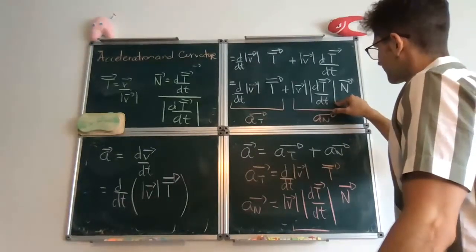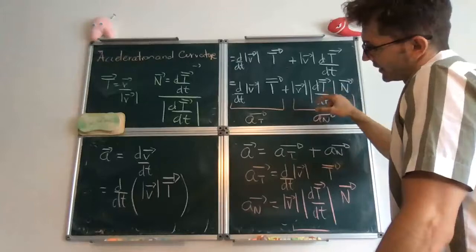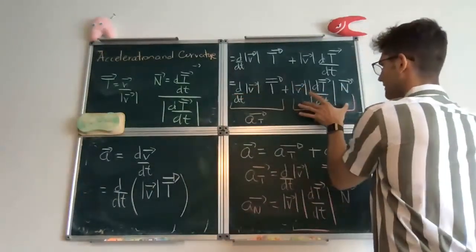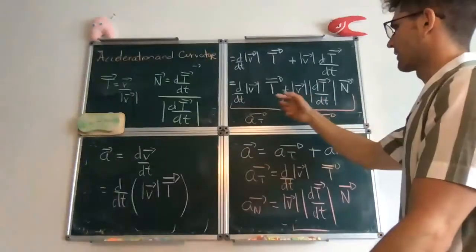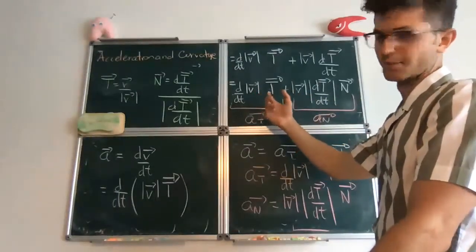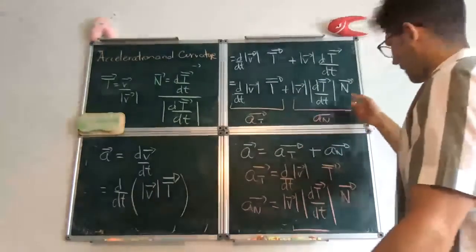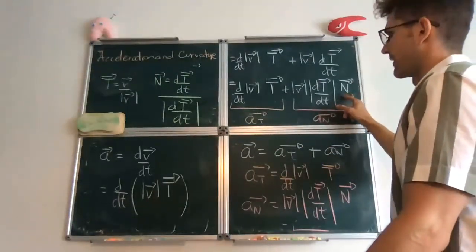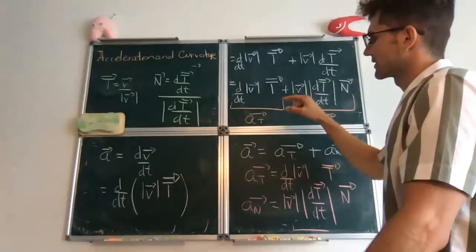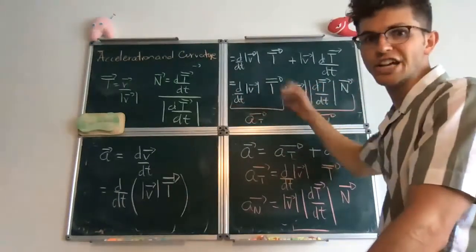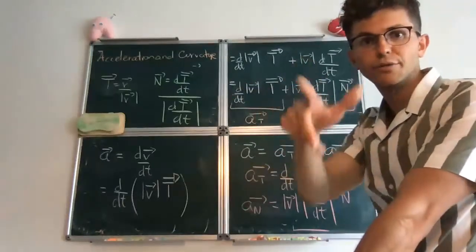Okay? And so what you find is that the acceleration is this term plus this term. The first term is a multiple of t. The second term is a multiple of n. So what that means is that the acceleration breaks into a component, like again, t and n are like i and j. It's just that they're changing as you move along the curve.